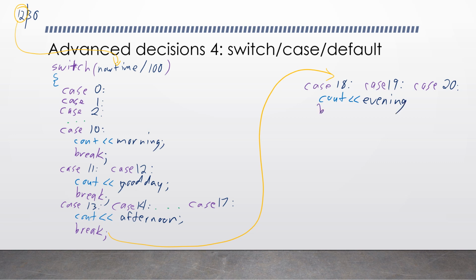So I've got all of my evening times, and then finally I put in a default case. This is what the program does if it falls through every other case and doesn't match any of them. So the default is that if we didn't find any of the other times, then by default we're after bedtime. So I'm going to say my bedtime phrase and break. And then that ends my switch.